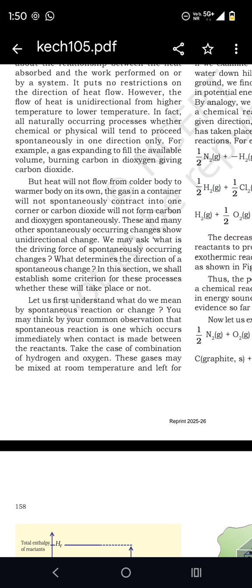What determines the direction of a spontaneous change? Let us first understand what we mean by spontaneous reactions or changes. You may think, by common observation, that a spontaneous reaction is one which occurs immediately when in contact between the reactants.